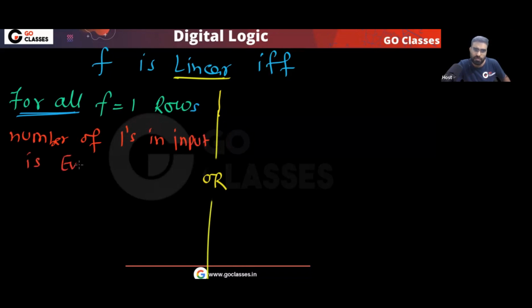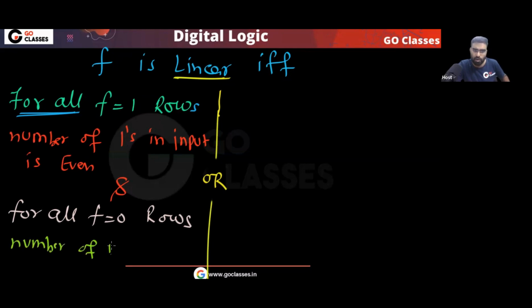And whenever f is 0, for all f equal to 0 rows, the number of ones in the input should be odd.